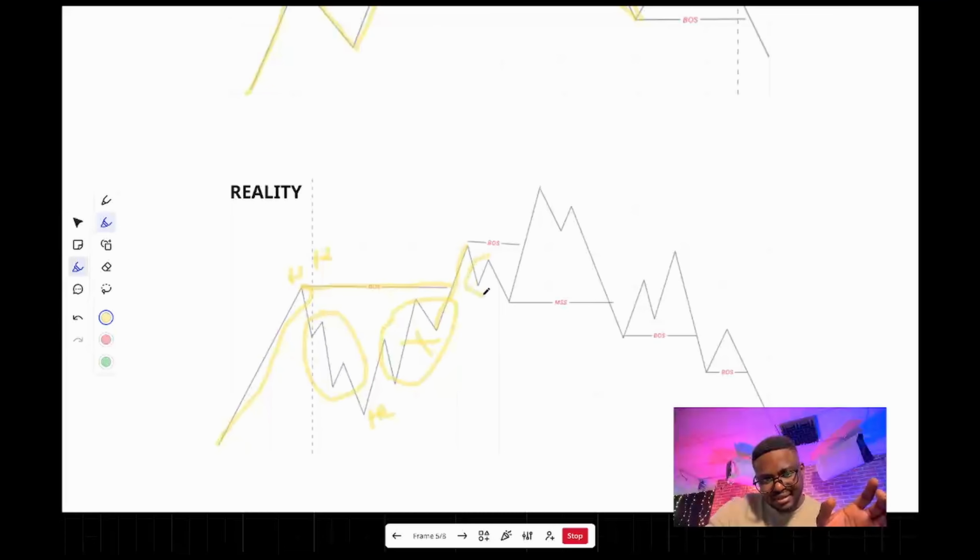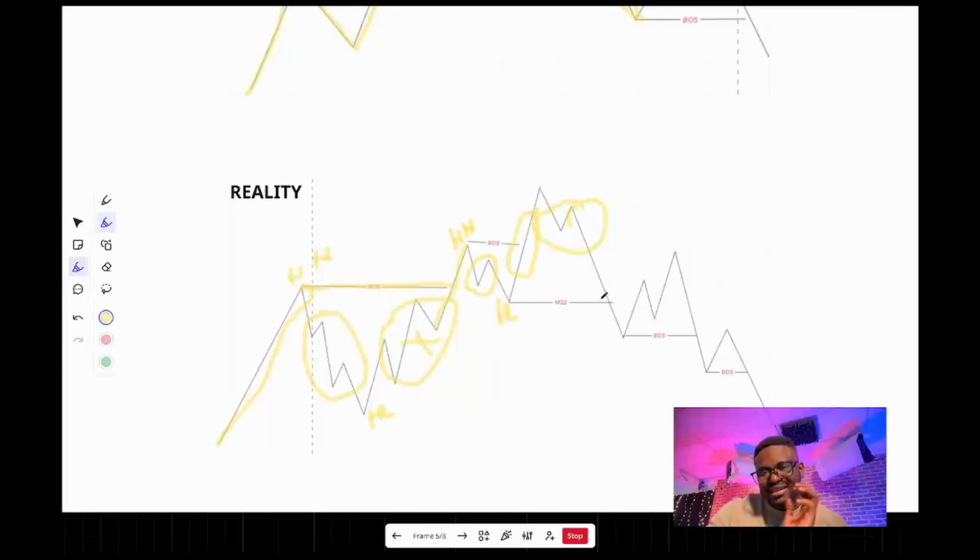This right here is noise. This is the last higher low, and this is the last higher high. Anything in between this place is noise until price closes above this. So this is a break of structure. This is internal structure that you don't even need to pay attention to.